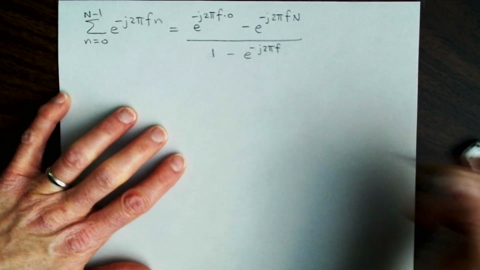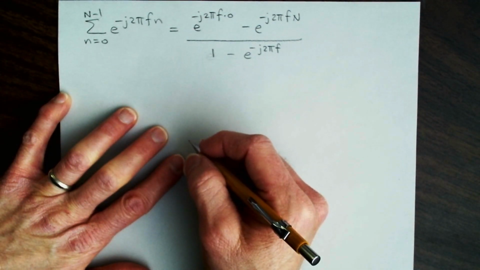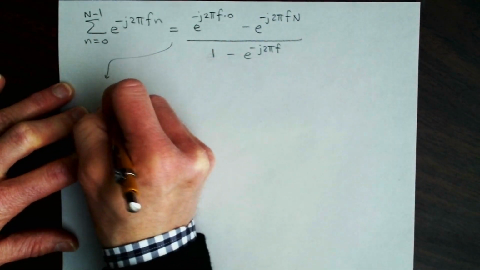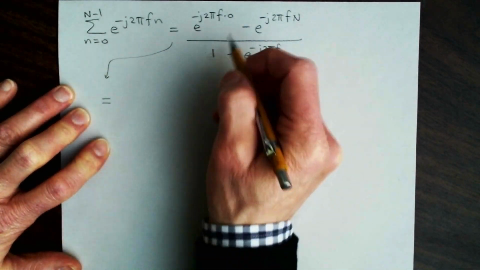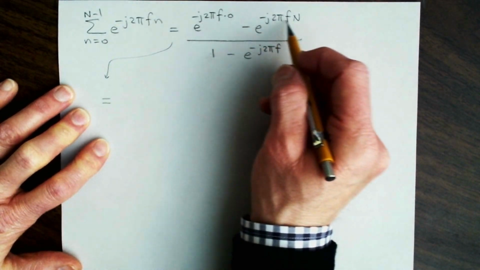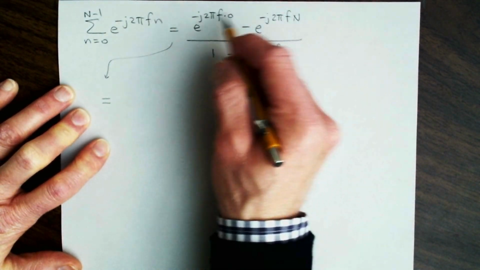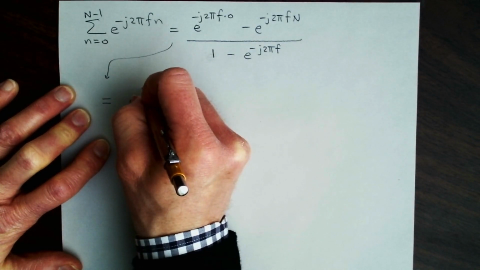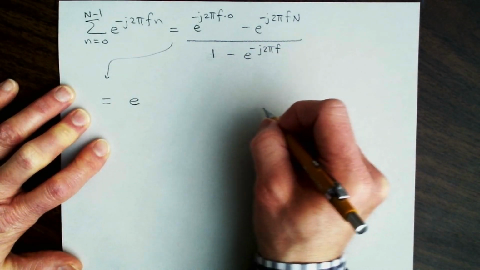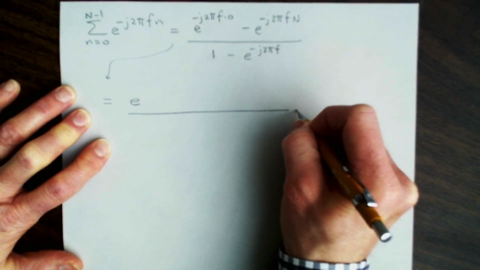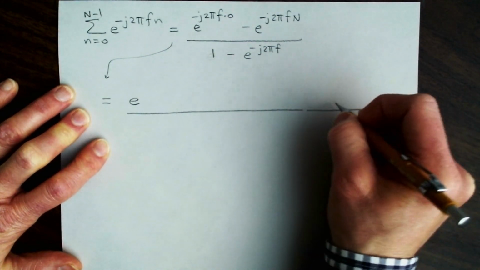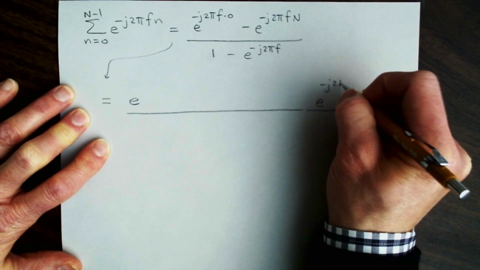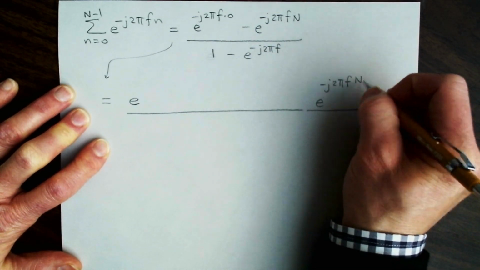Again, we'd like to put this into a form of a periodic sinc function, so let's factor out an exponential whose argument is the average of these exponents. When we do that, the term that we're going to factor out will look like this, e to the minus j 2 pi f n over 2.